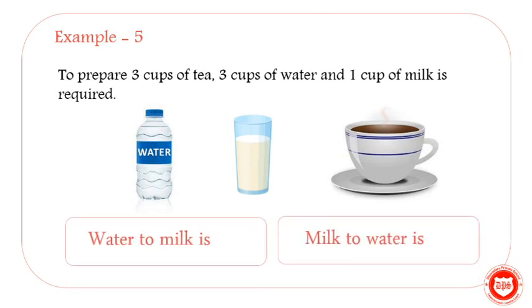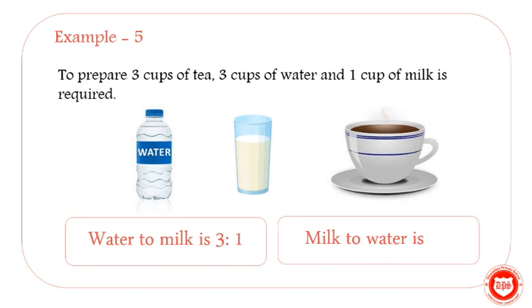Example 5. To prepare 3 cups of tea, 3 cups of water and 1 cup of milk are required. So if we are going to prepare 3 cups of tea, we will need 3 cups of water and 1 cup of milk. So, water to milk, the ratio is 3:1.